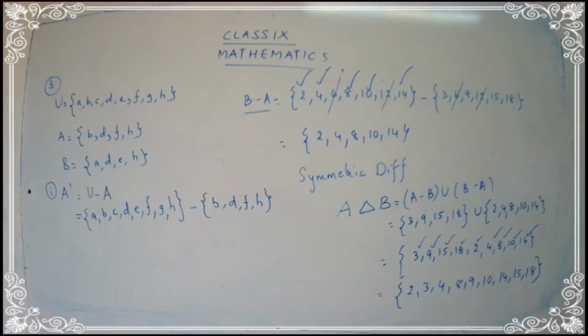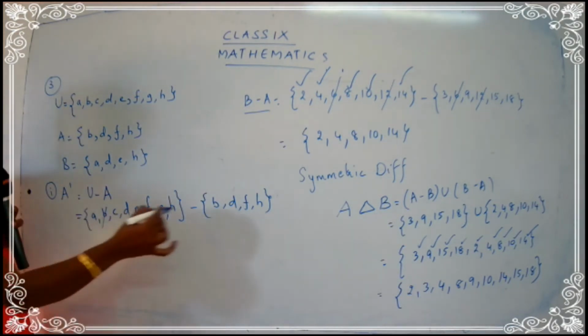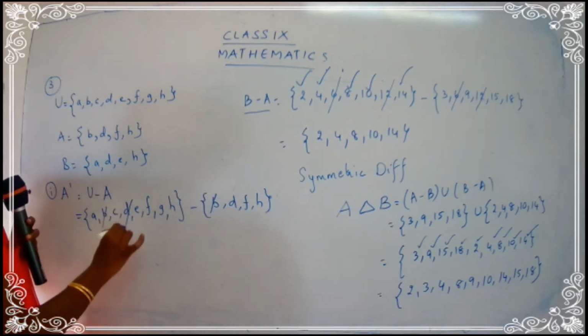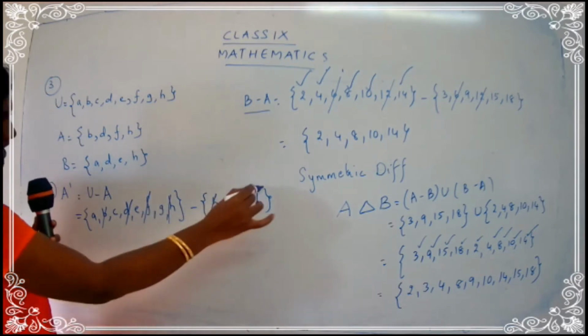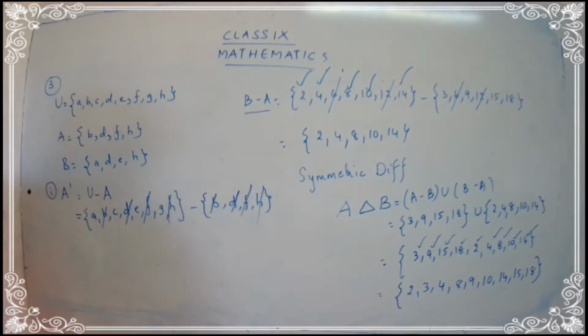Now you know how to find the difference. Yes, children? Try to cancel the common elements. Cancel the common elements: B, D, F, H. What is A dash?